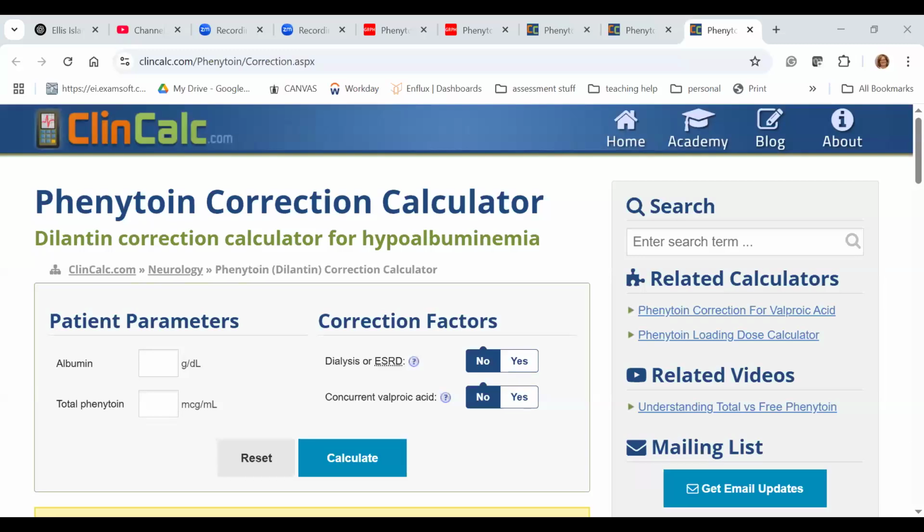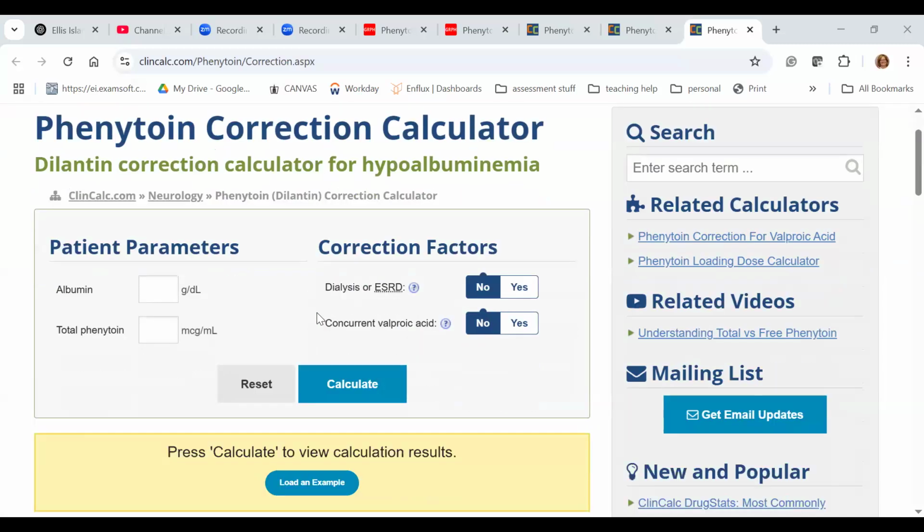So we're now going to our phenytoin correction calculator, and this is on a second tool called ClinCalc. So in this phenytoin correction calculator, you're going to put in your patient's albumin, which was 2, and their phenytoin concentration, which was 6.5.